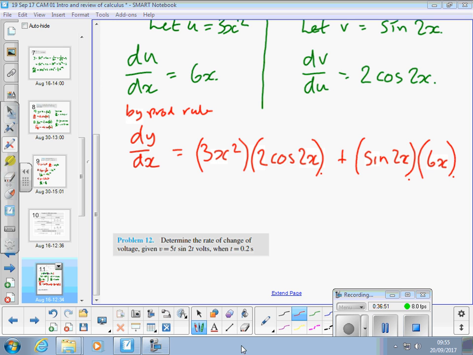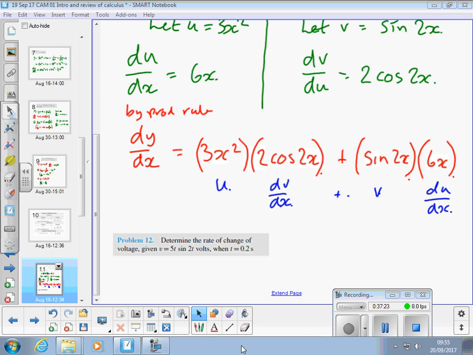I'll write what these are underneath: that is u, this is dv by dx, this is v, and this is du by dx. And there's a plus in there.